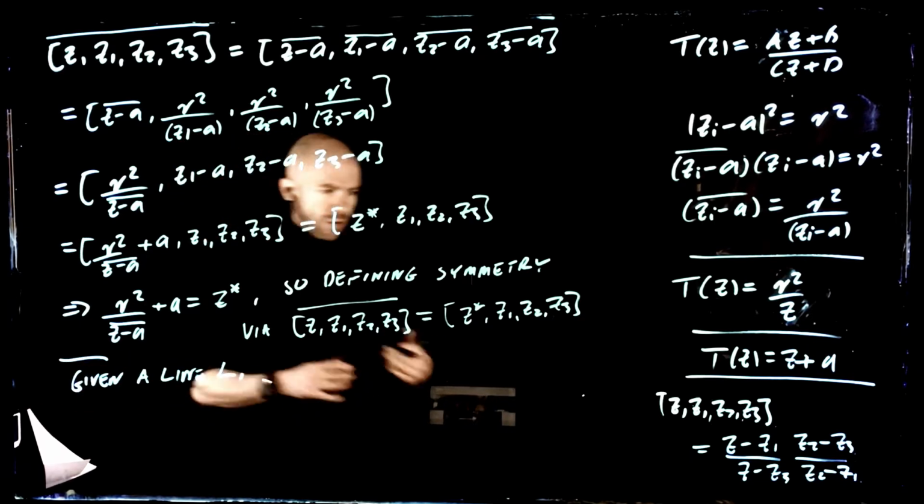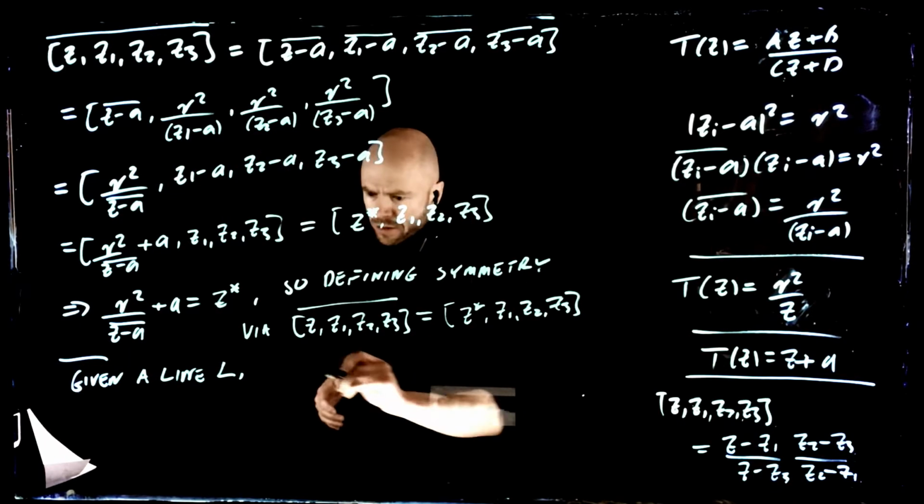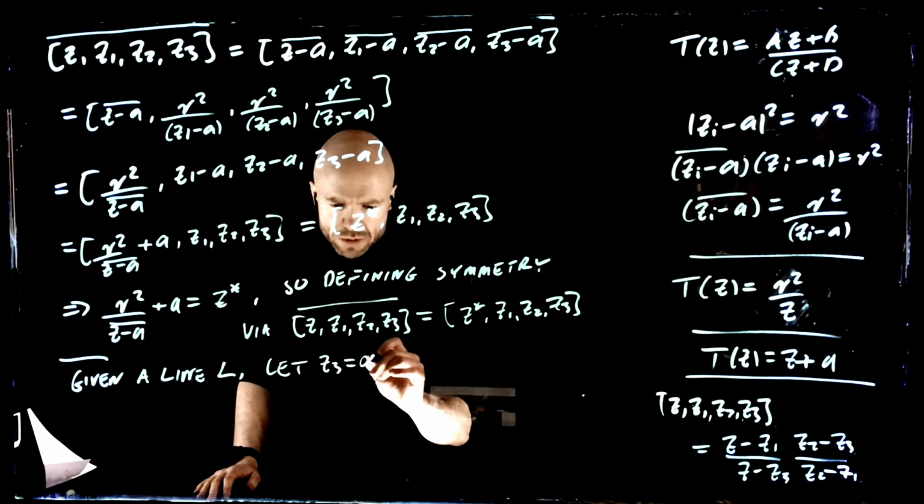So if we choose Z3 to be infinity, that is still a point on the line. So let Z3 equal infinity.